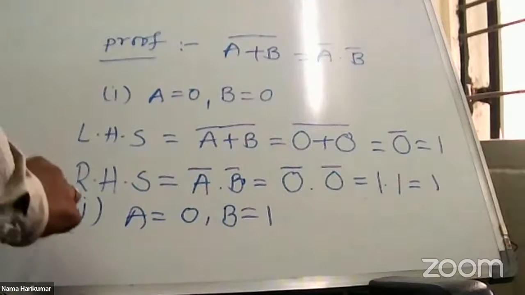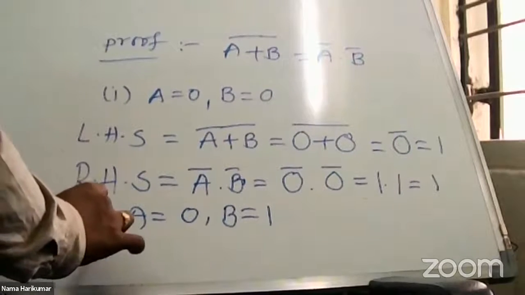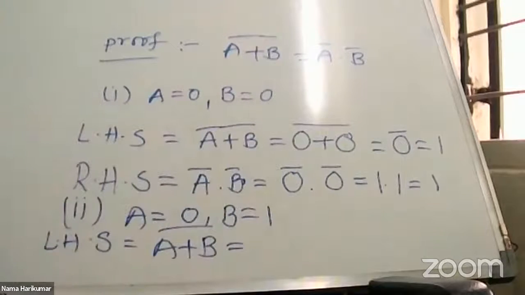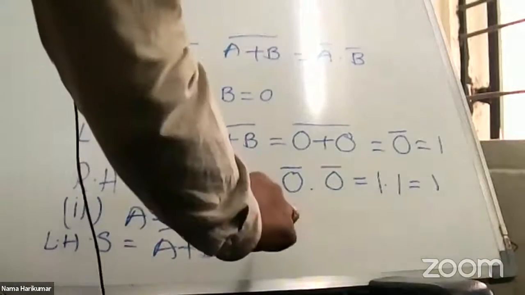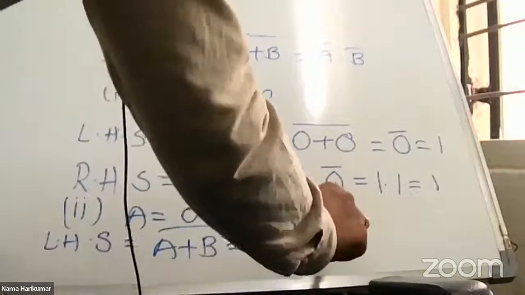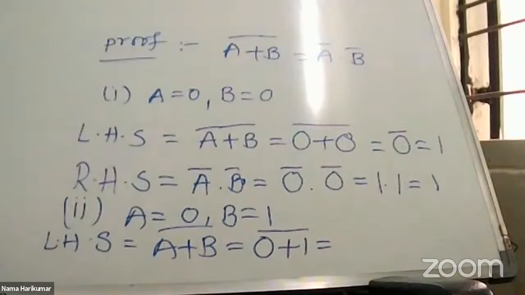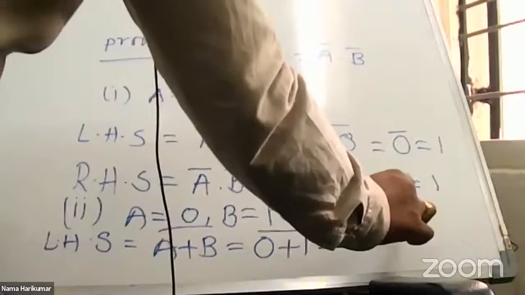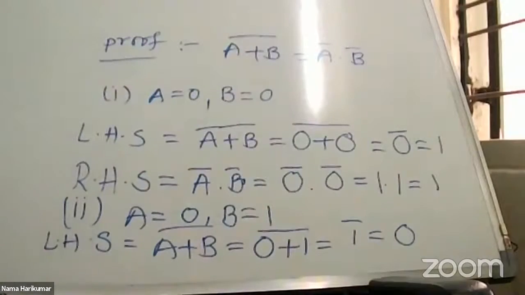In the LHS, A plus B whole bar or A plus B complement, in the place of A and B you put the 0 and 1 values. So 0 plus 1 complement: 0 plus 1 is 1, and 1 complement is 0.